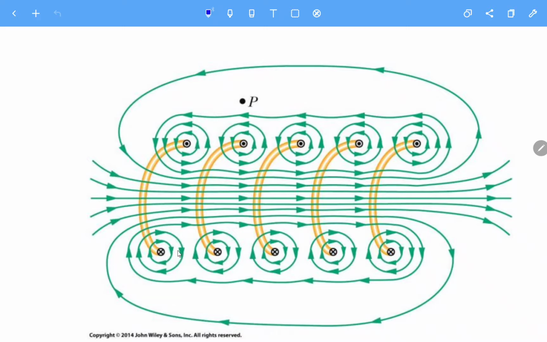So right in the middle of these two wires, the magnetic field from the left wire is pointing downward, and the magnetic field from the other wire is pointing upward. So right in the middle, the B field more or less cancels out.